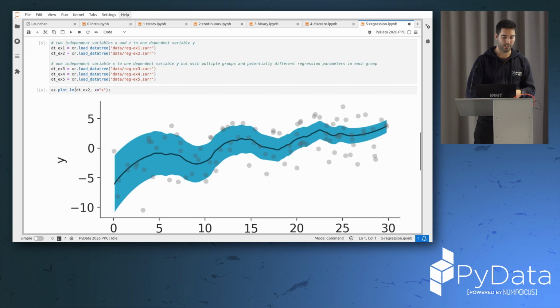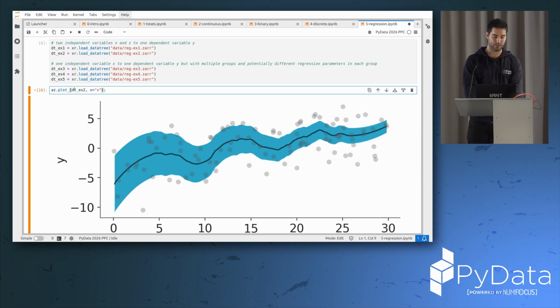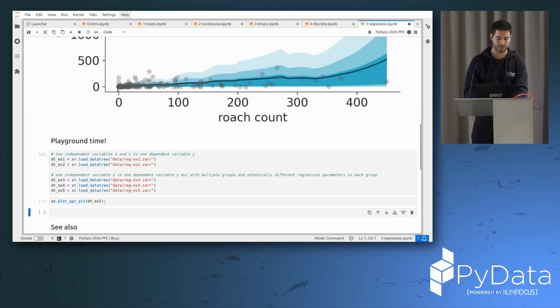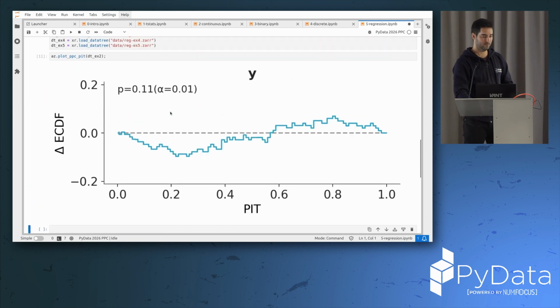And the good part is that if we do plot_ppc_pit, all of this is abstracted away because we are comparing each observation to the respective posterior predictive. So we just get the plot automatically, and all of these differences in the independent variables are thrown away.